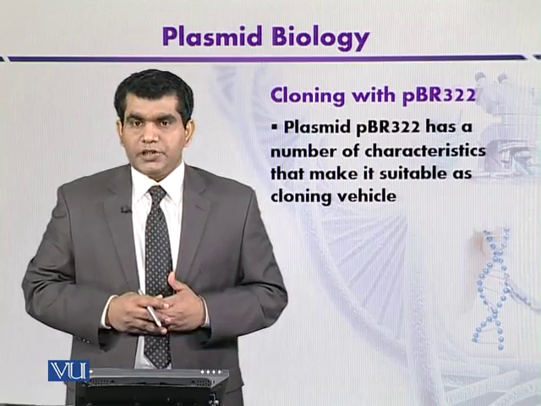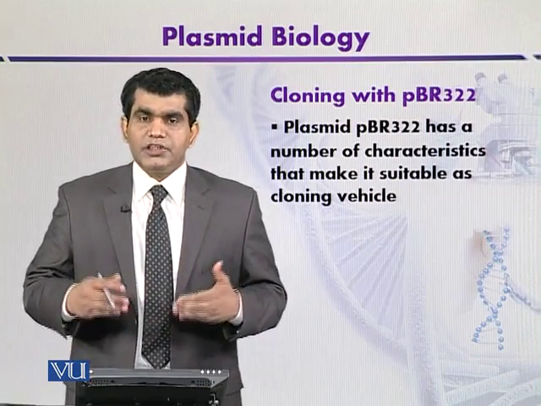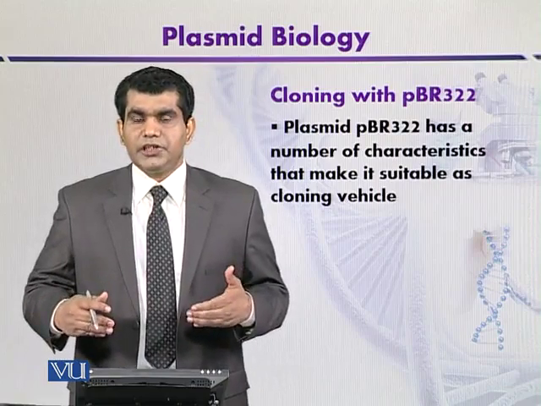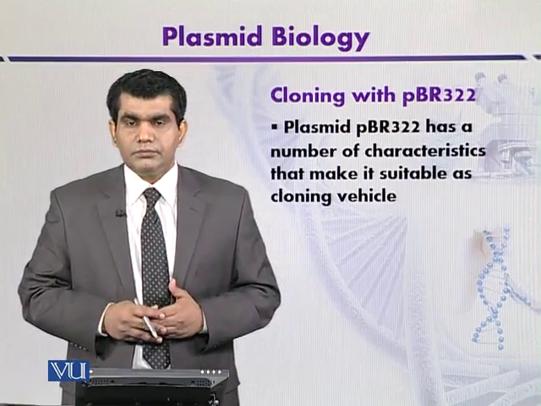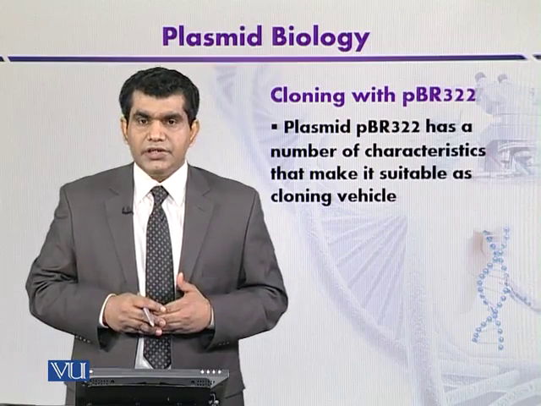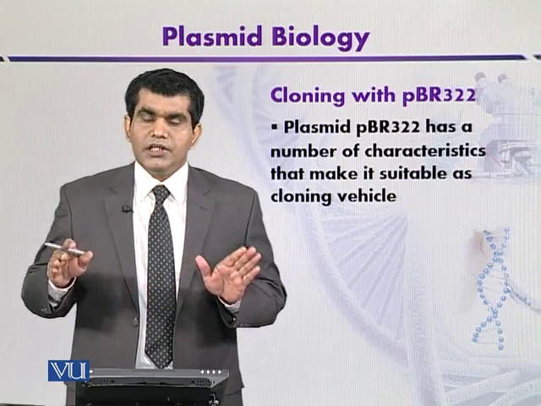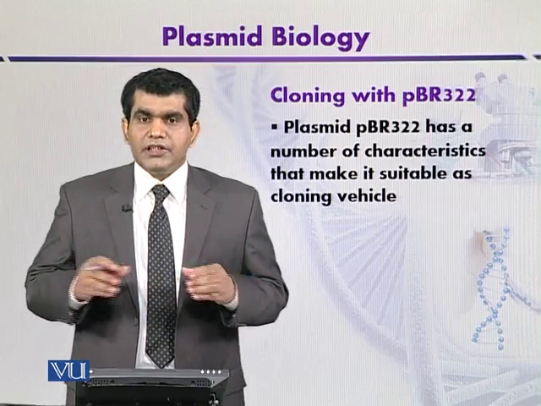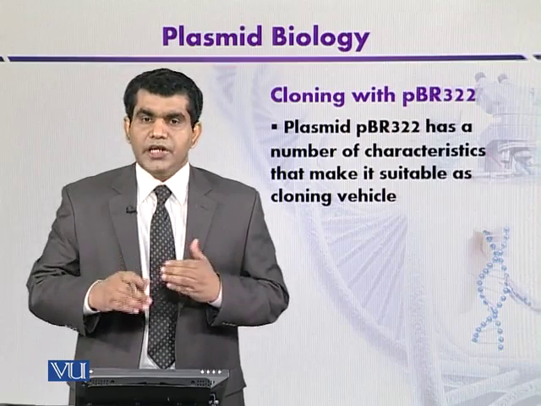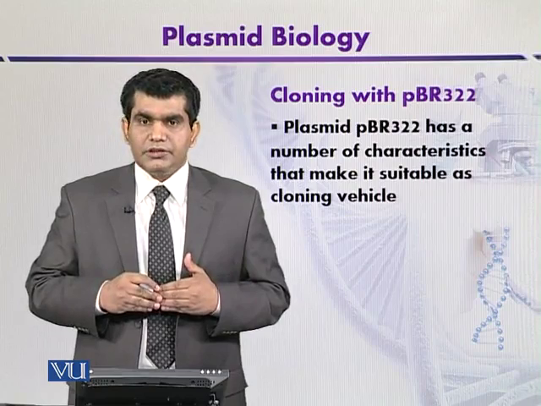Another desirable property is that during isolation, mostly this plasmid is present in supercoiled form. So its isolation is relatively easy. And moreover, DNA fragments having a length of 10 kilobases can be cloned by using pBR322.